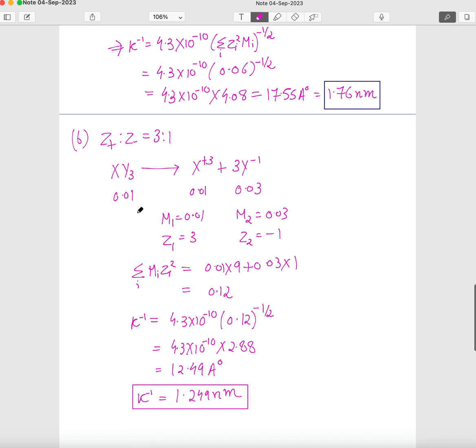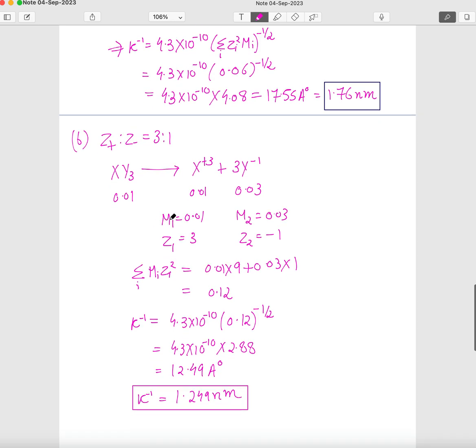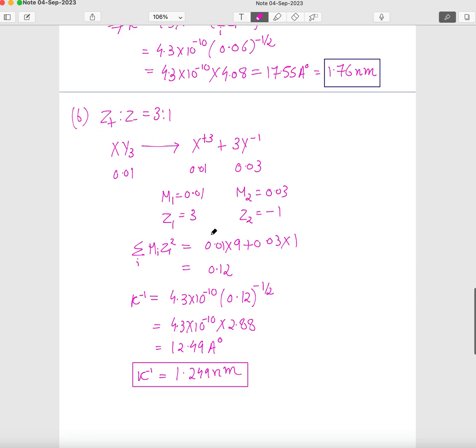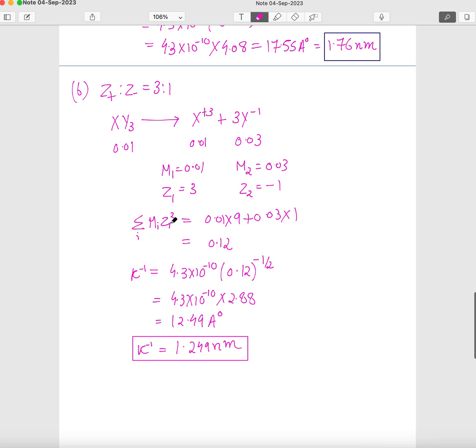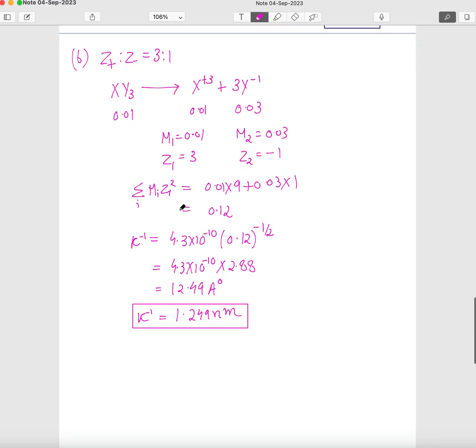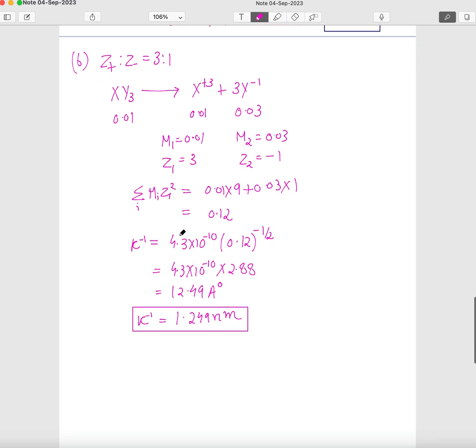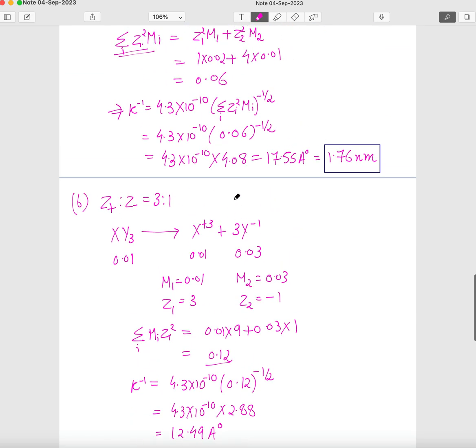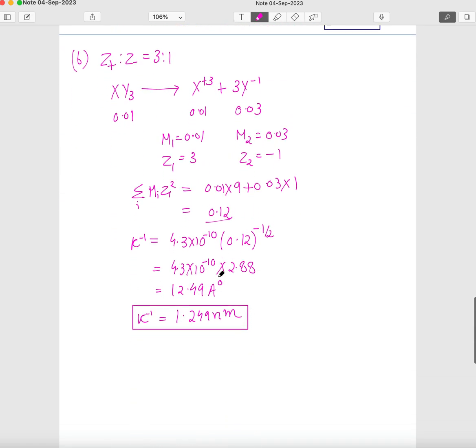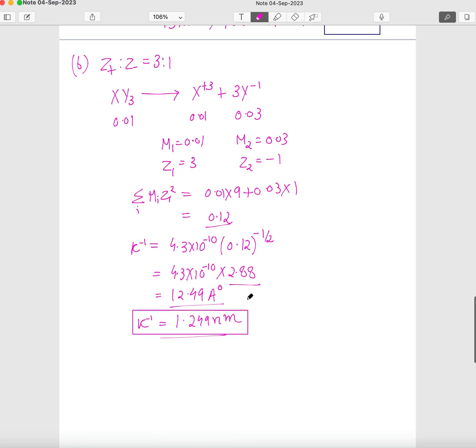So m1 is 0.01 and valency is +3, and m2 is 0.03 and valency is -1. To find sigma mi zi square, it becomes 0.01 into 9 plus 0.03 into 1, which gives 0.12. Substituting this again in the formula, kappa inverse comes out to be this. I hope this is clear.